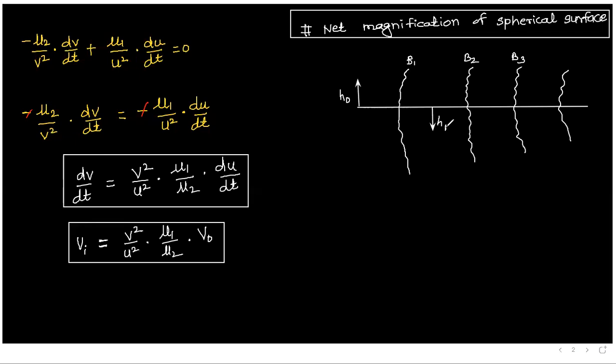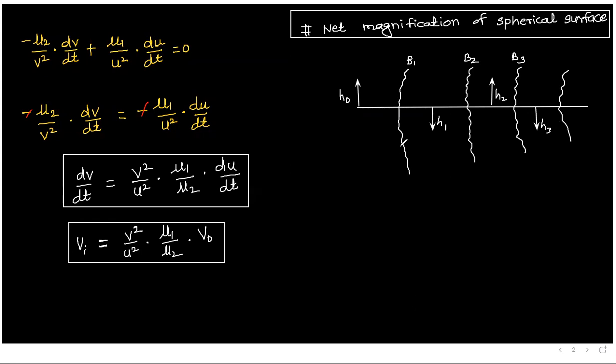Now for this you are having some height somewhere here, that is h2, and again because of this you are getting the next image, whose height is suppose h3, and so on.